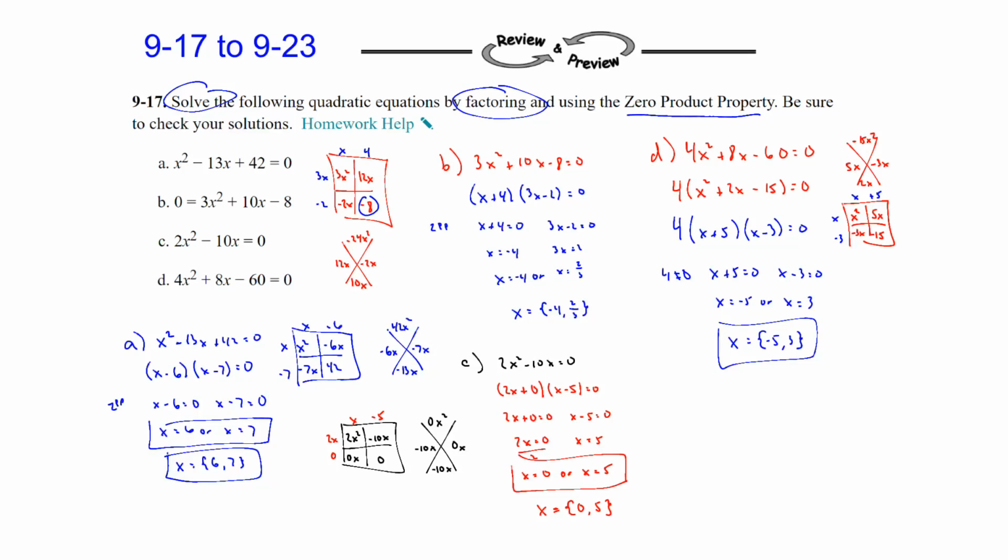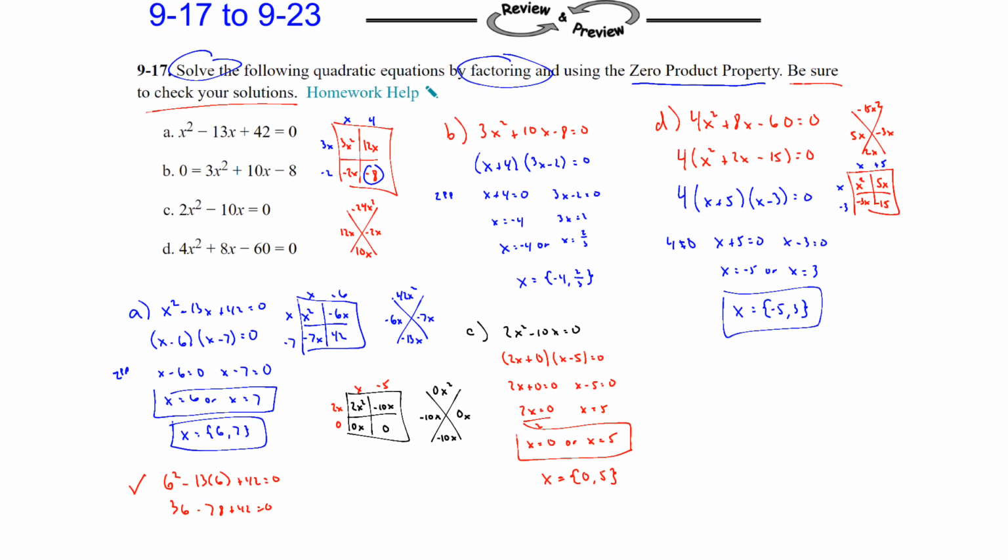Now, going back, I guess I never completely answered the question because it does say be sure to check your solutions. So I'm not going to go back and do all these, but if you want to check your solutions, for example, on A, I would plug 6 back into the equation, which would be 6 squared minus 13 times 6 plus 42. Does that equal 0? So 36 minus 78 plus 42.